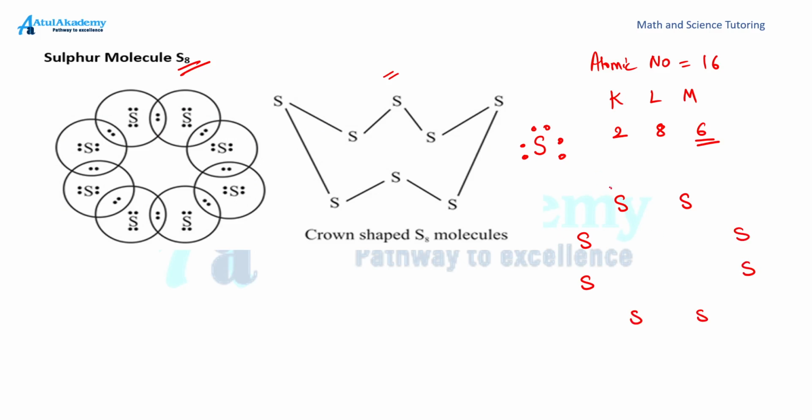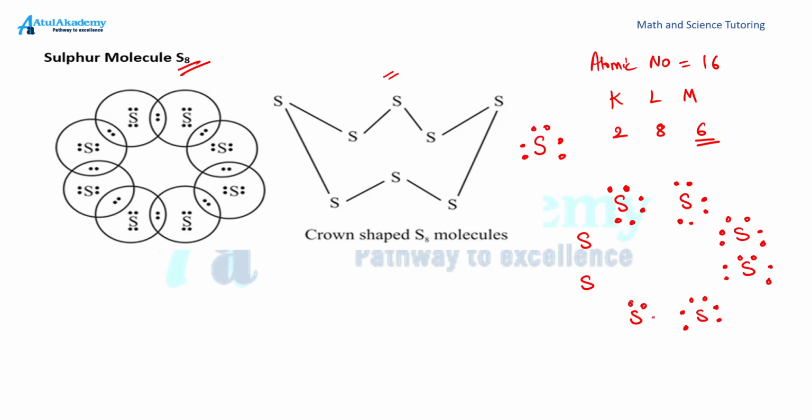Let's just put them: 1, 2, 3, 4, 5, 6. This one has this: 1, 2, 3, 4, 5, 6. Again 1, 2, 3, 4, 5, 6.